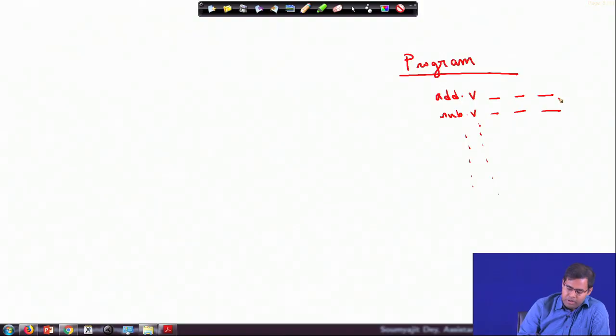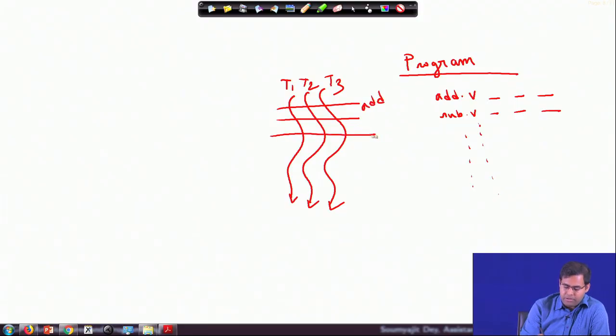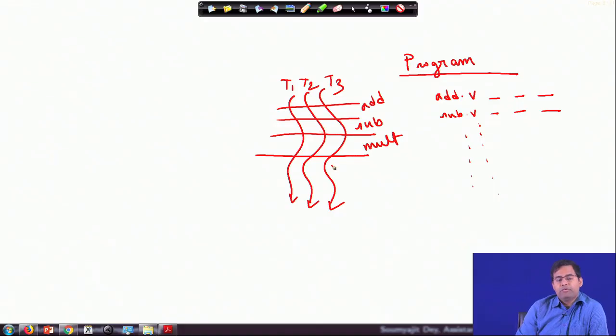But now suppose I have multiple threads of execution. This is thread 1, this is thread 2 and this is thread 3, and all the threads are going to do an add operation here, then all the threads are going to do some subtract operation, and then all the threads are going to do some mult operation. This is the demand of the program.